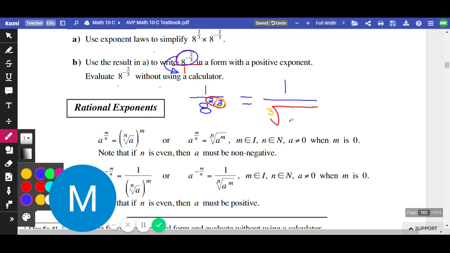And the rest of the power is now your radicand. That's how you would deal with negative fraction exponents. You move everything to the bottom, then you change it to a radical on the bottom. Notice that it's still 1 divided by.